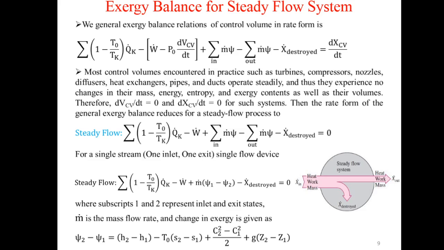Therefore, rate of change of volume for control volume will be equal to 0 and rate of change of exergy for control volume will be equal to 0 for such systems. This quantity will be equal to 0 and this quantity will be equal to 0.